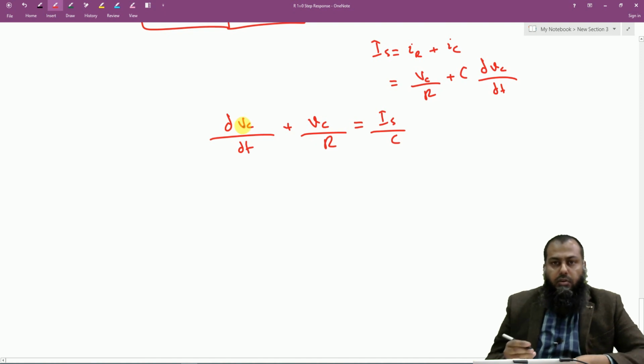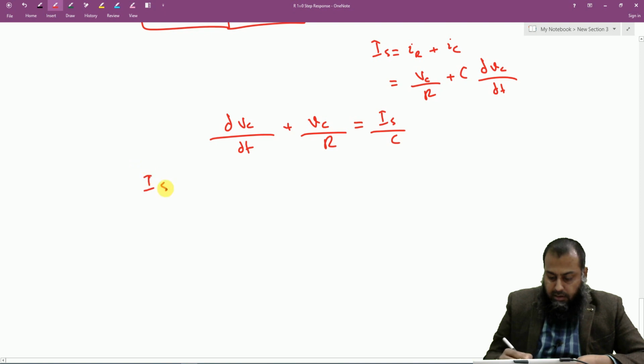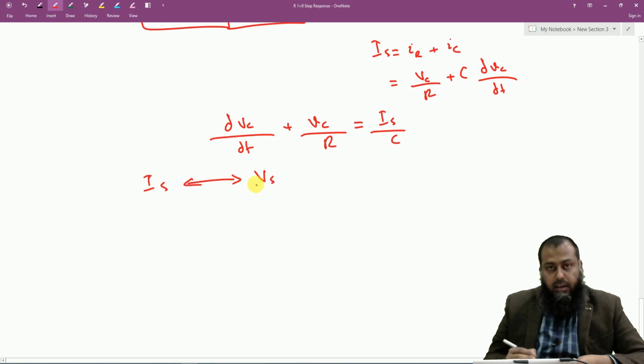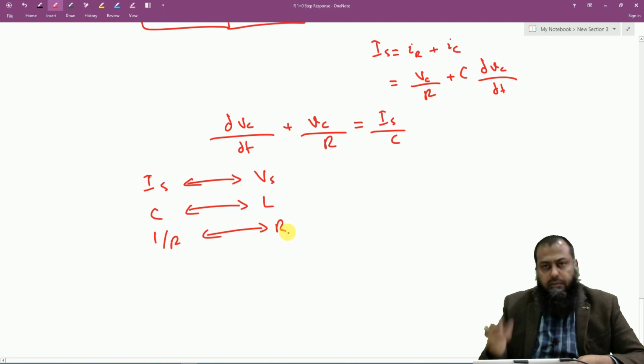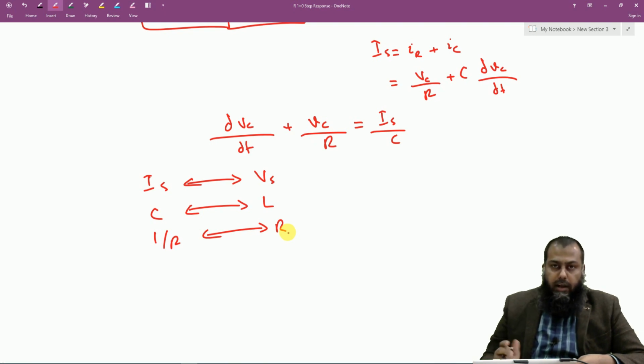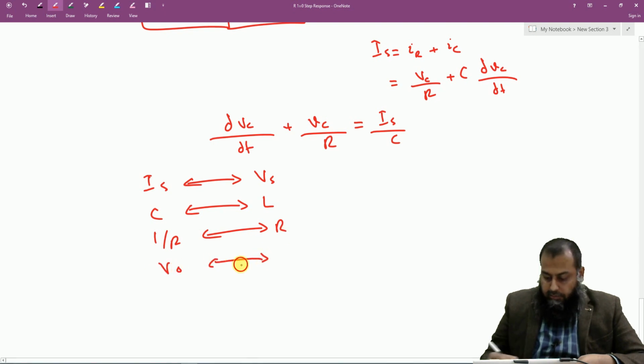So we will replace the IS with this VS here, and also this C with this inductance L, and 1 over R with the value of the resistance R, which was previously used to derive the expression of the current through an inductor against the step response of the first order circuit. And this V naught, we will replace with this I naught.